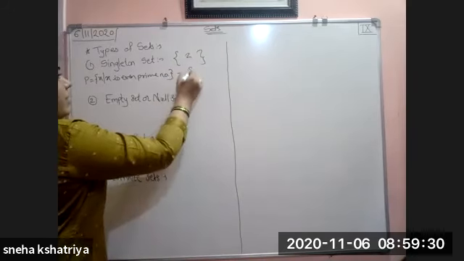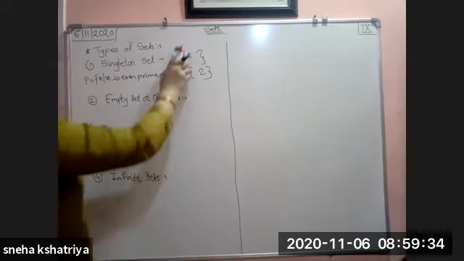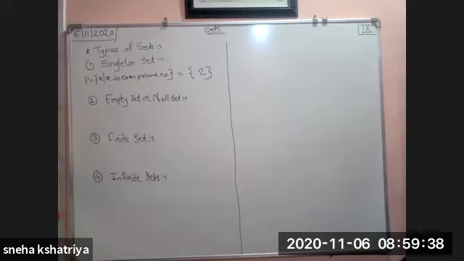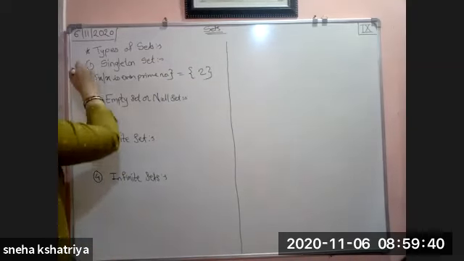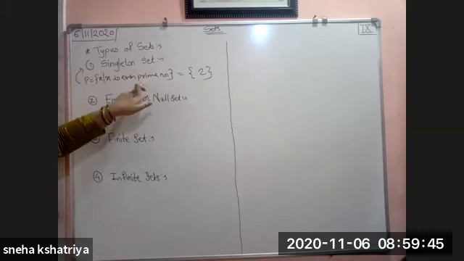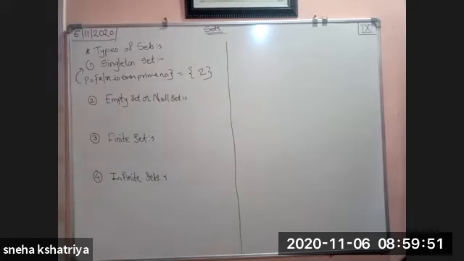So this set becomes P is equal to {2}. Such a set which contains only and only one element is called a singleton set.